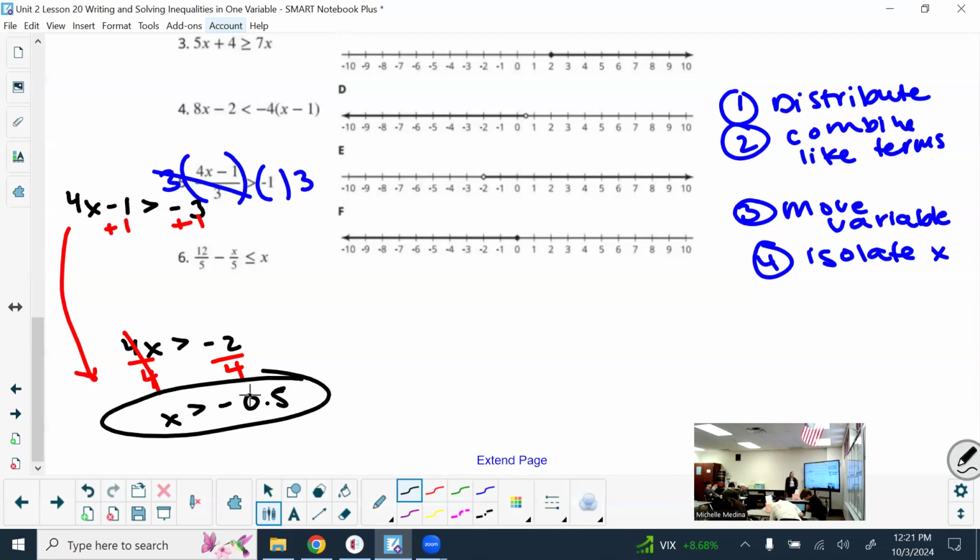Don't shout it out yet. Just look at your number lines for which one is x greater than negative 0.5. All right, table 1, can you tell me? Or which of the number lines on your paper matches x greater than negative 0.5?